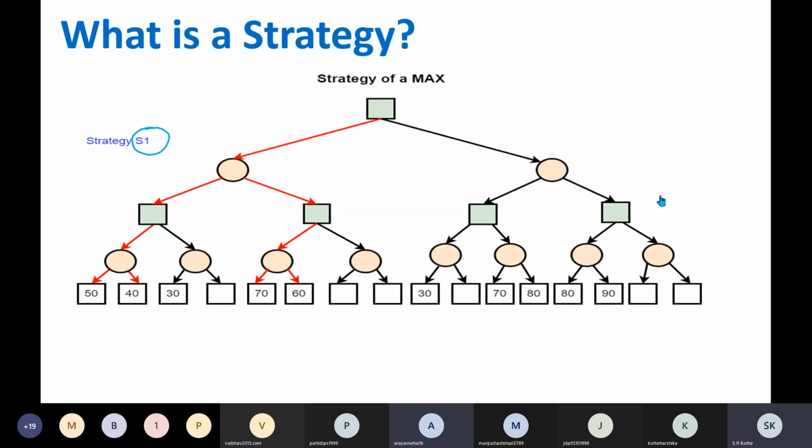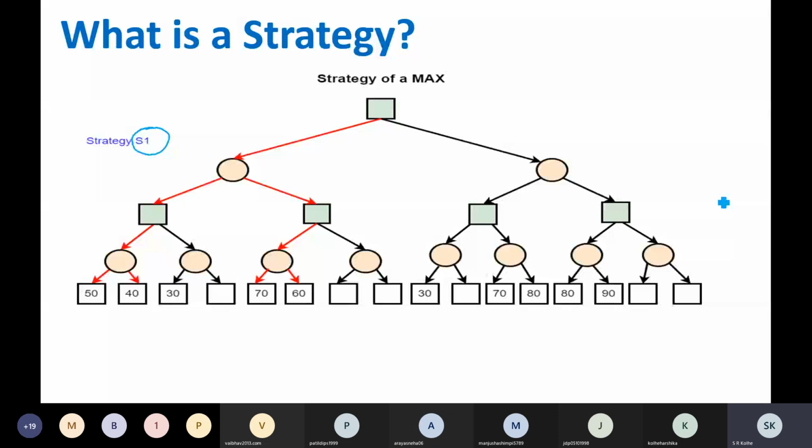What option will be selected by min? Okay, so you will have to revise the earlier lectures.